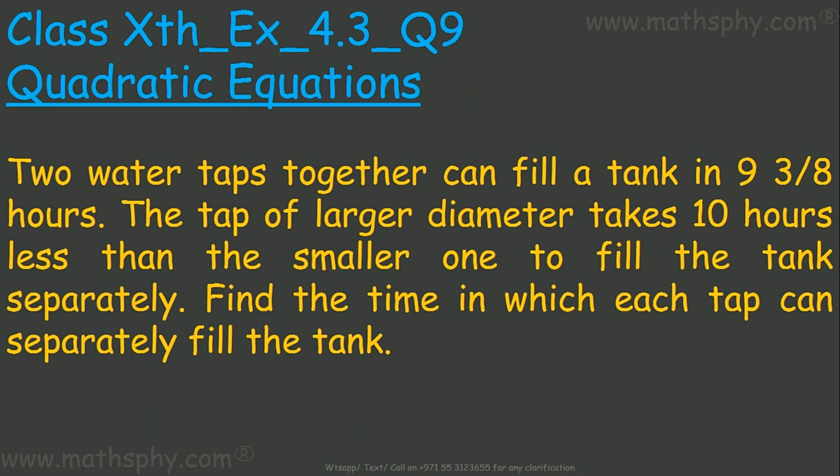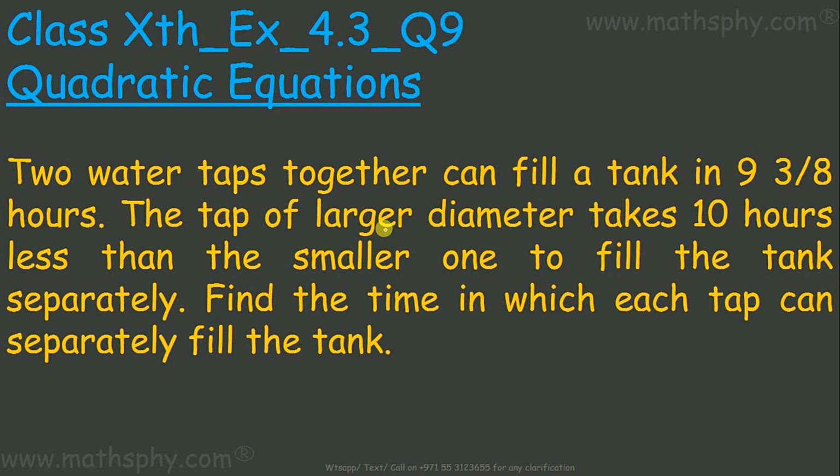This question here says, two water taps together can fill a tank in 9 3 over 8 hours. The tap of larger diameter takes 10 hours less than the smaller one to fill the tank separately. Find the time in which each tap can separately fill the tank. So we have two taps, one with larger diameter, one with comparatively smaller diameter.